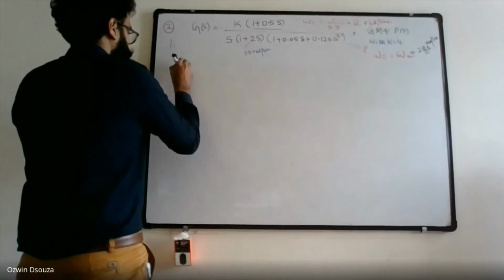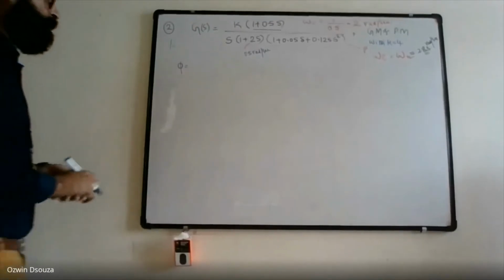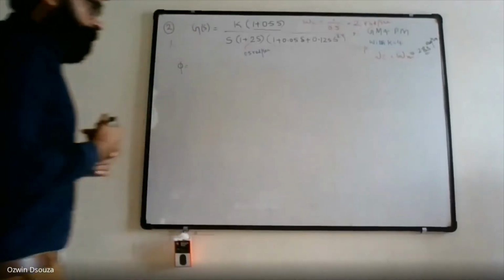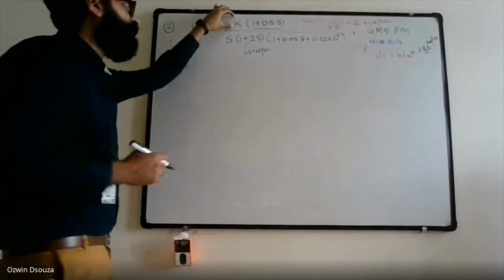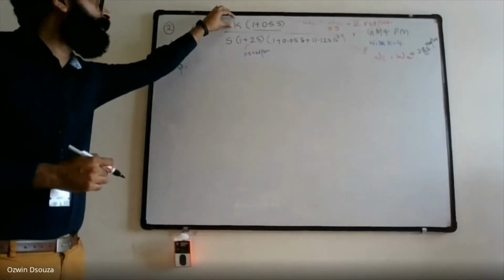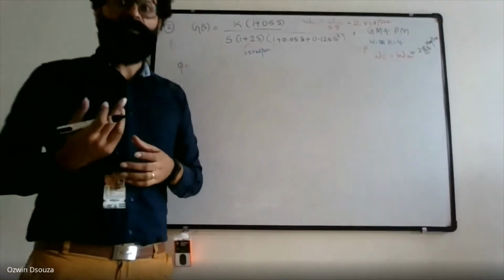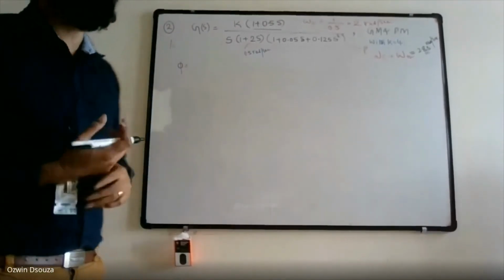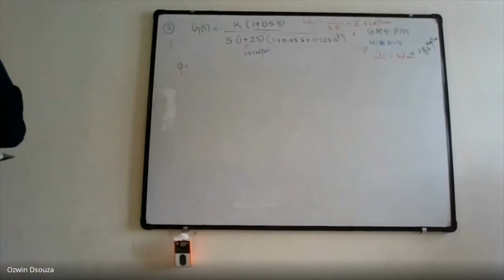Angle phi is equal to, you have to write the equation. You have factor 4. Whenever you have a real number with zero imaginary part, the angle becomes 0. So whenever you have K, you can just take the angle as 0.